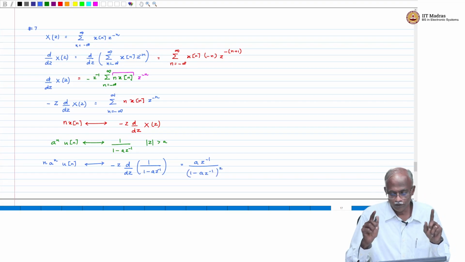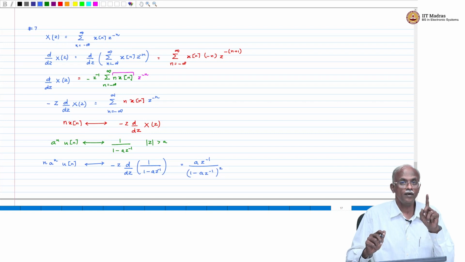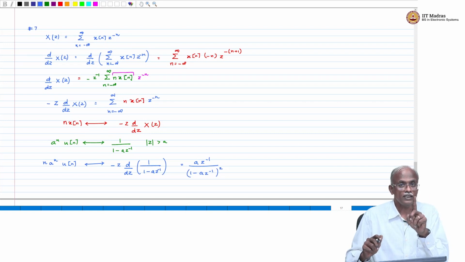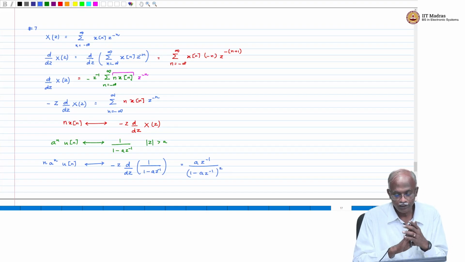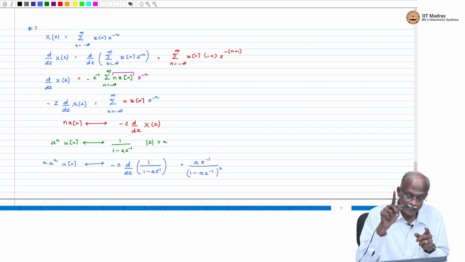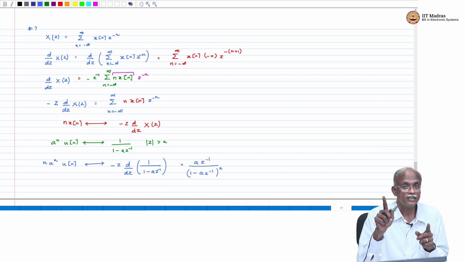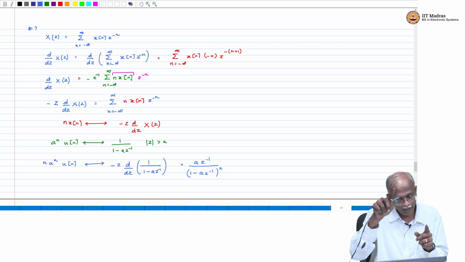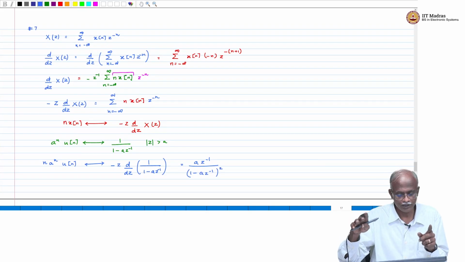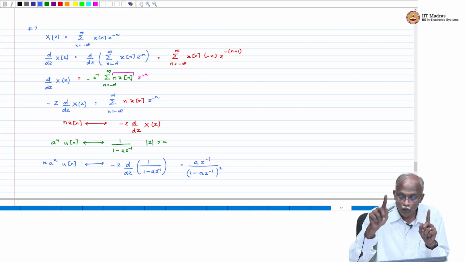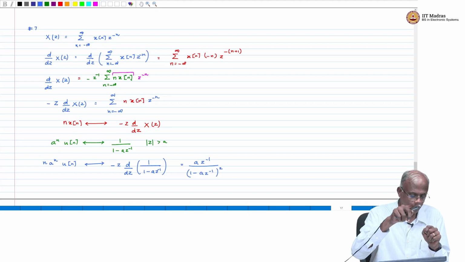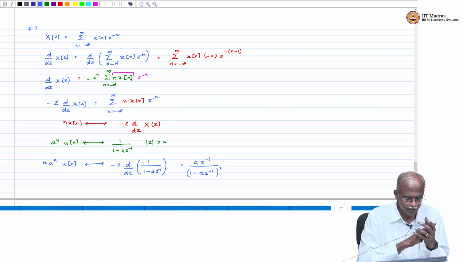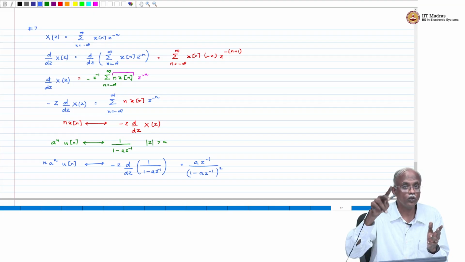Now, important question, what about the region of convergence? Is it still a right-sided sequence? Yes, n times a of n, u of n, it's a right-sided sequence. Now, did the pole change? Location of the pole. What was the z transform of u of n? It is 1 over 1 minus a z inverse. The pole was at a.